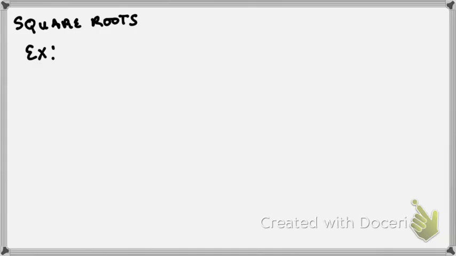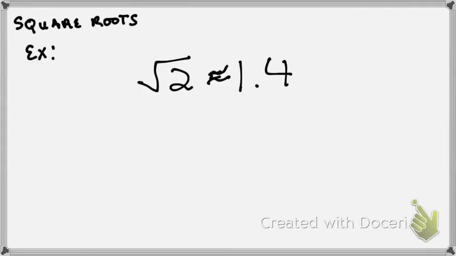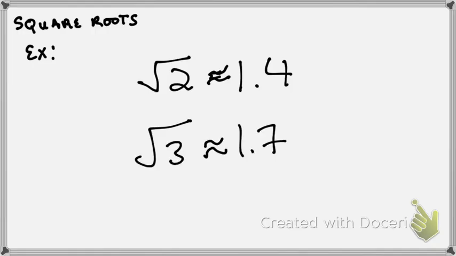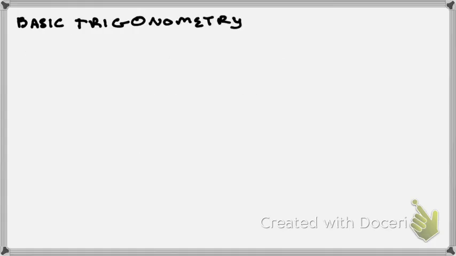And that is the square root of 2, which is approximately 1.4, but for MCAT purposes, just use 1.4, and the square root of 3, which is 1.7. All right, so these are the 2 different numbers that we need to know. All right, the next thing that you guys must learn is the first half, or the first quarter, of the unit circle.